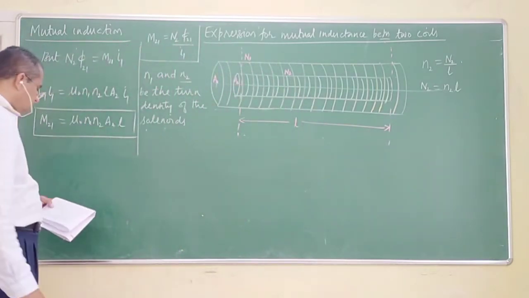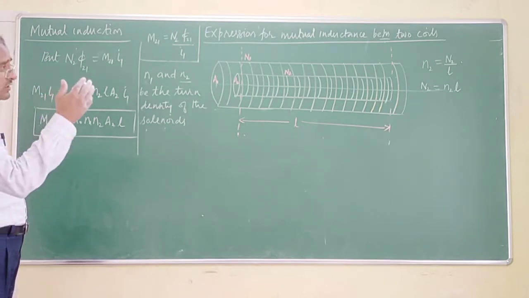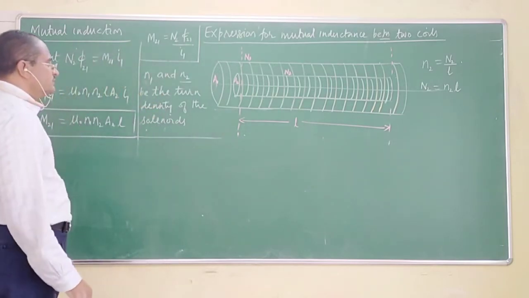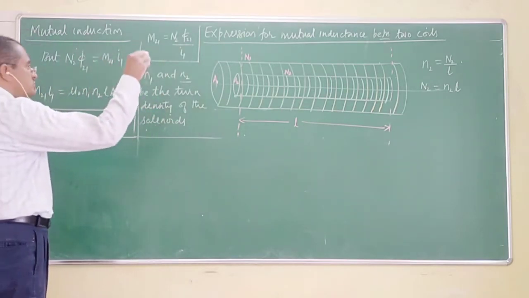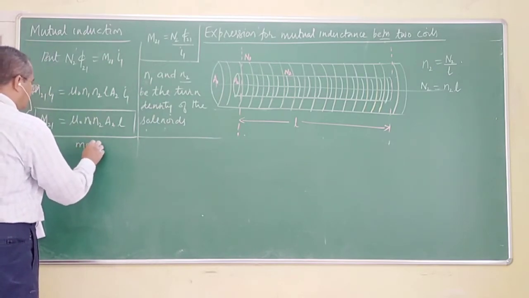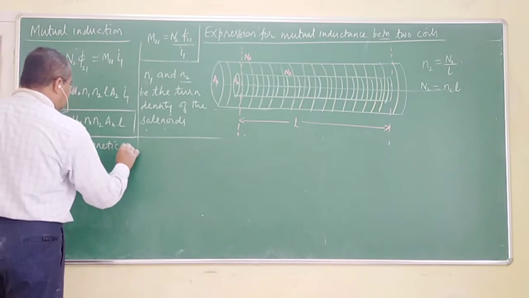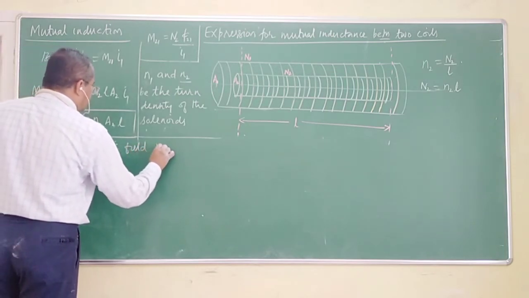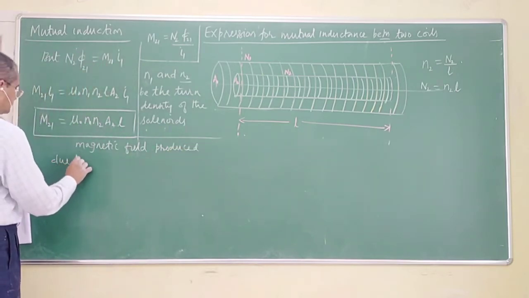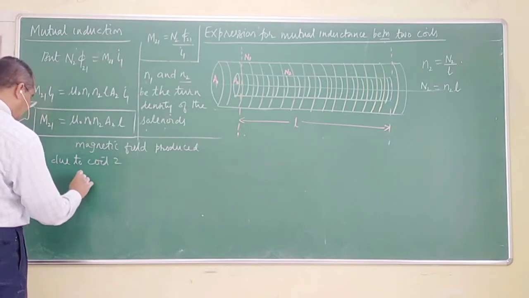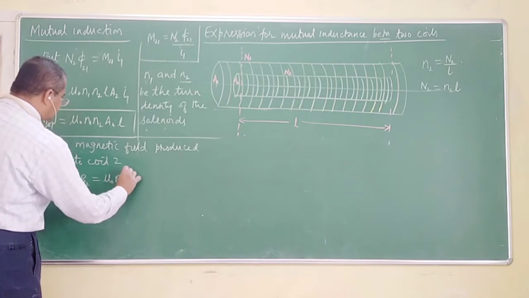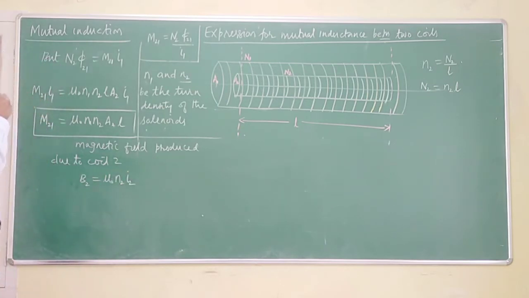Now, when current is flowing through coil 2, magnetic field will be produced due to coil 2. I will write it as B2 is equal to mu naught n2 I2. Is that okay to you, sir?